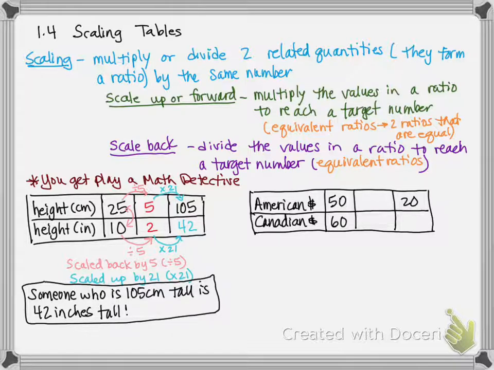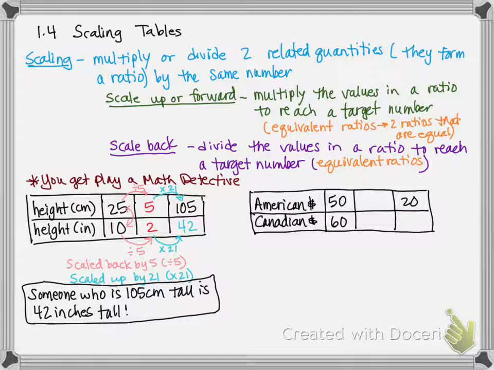So let's see, I can't go from 50 to 20, and I definitely need to go smaller. So let me think. What could I scale back by? I could scale up. We could do that too.